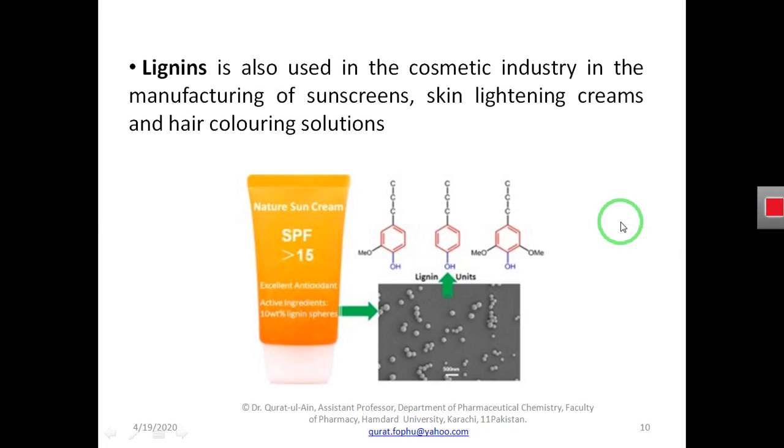Lignin is another phenolic, higher molecular mass biopolymer, and each lignin molecule contains 500 to 1500 monomeric molecules. Lignin is used in the cosmetic industry for the manufacturing of sunscreen, skin lightening creams, and hair curling solutions.